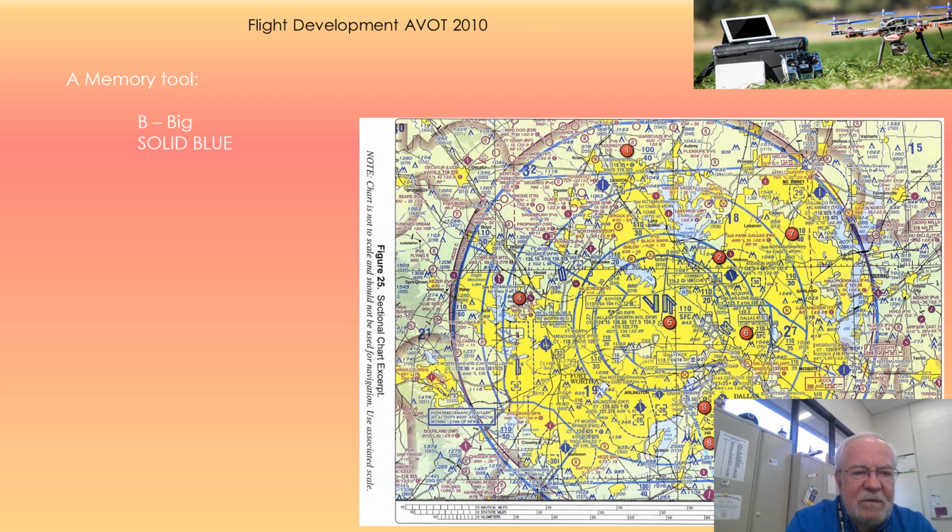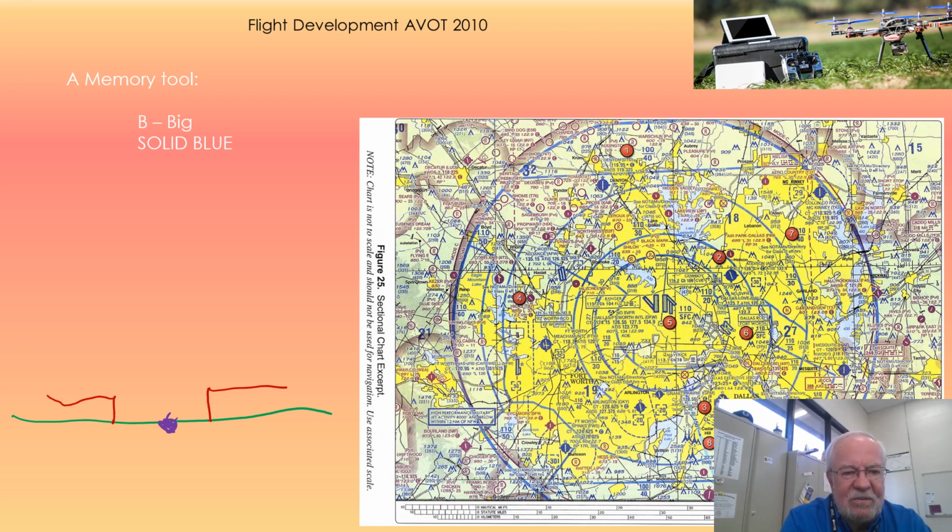Let me just do a little drawing here. That's the Earth, and there's the airport. Let's just say that's the airport right there. While they want to protect all this airspace from the surface up, they have these sections here. Wow, my drawing is pretty lousy. There may be more than one layer, or there might only be one layer, and then it goes up.